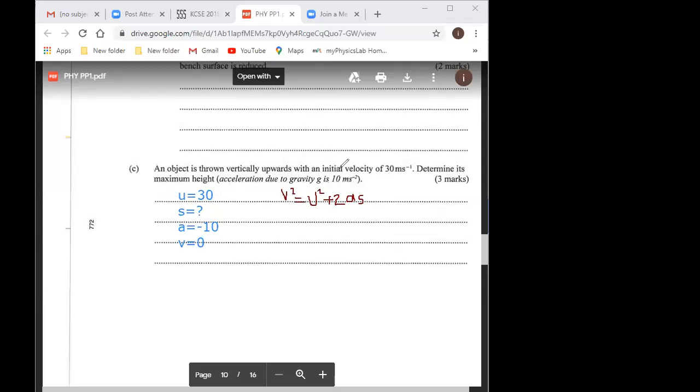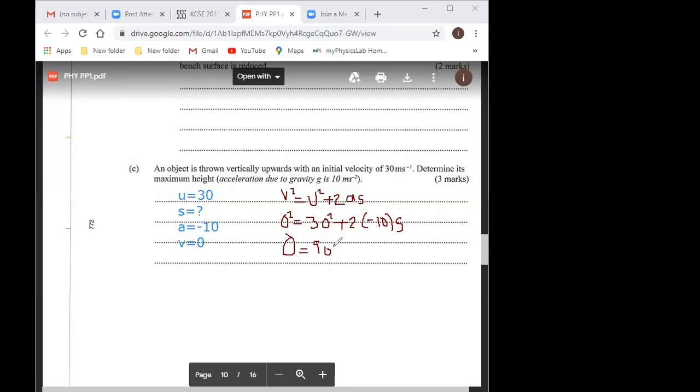So with that in mind, it implies that we are going to have 0 squared is equal to 30 squared plus 2, a is negative 10, negative 10 multiplied by s.